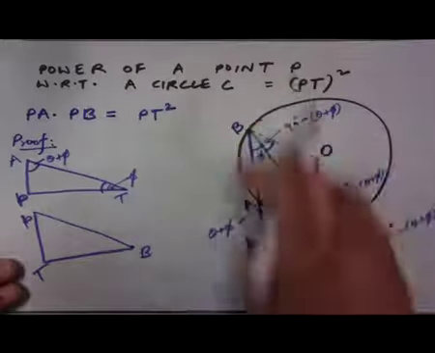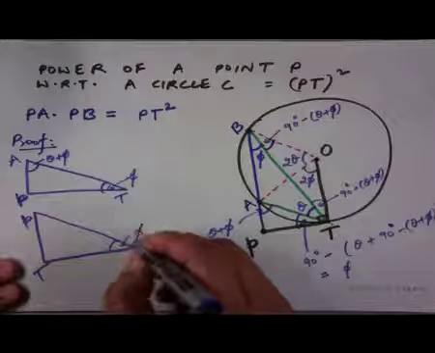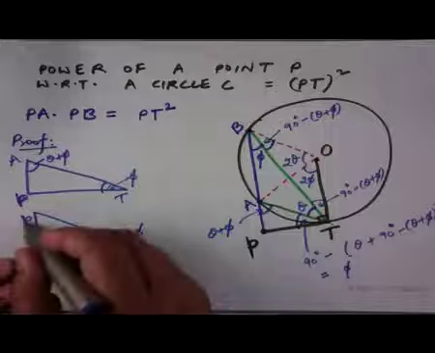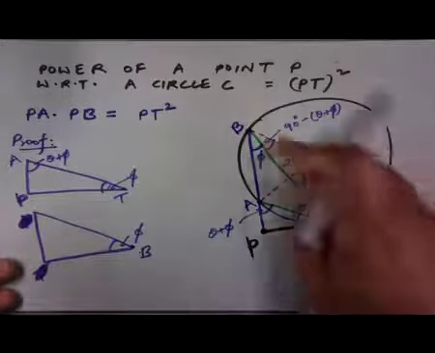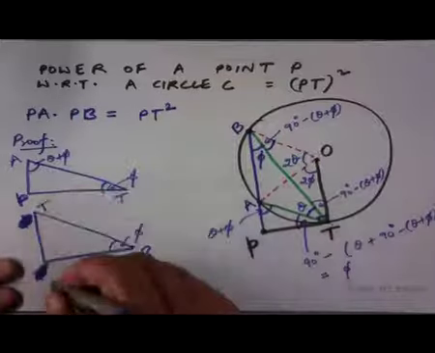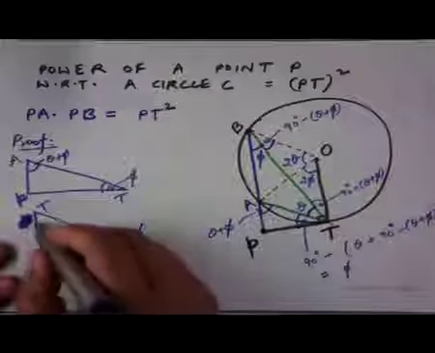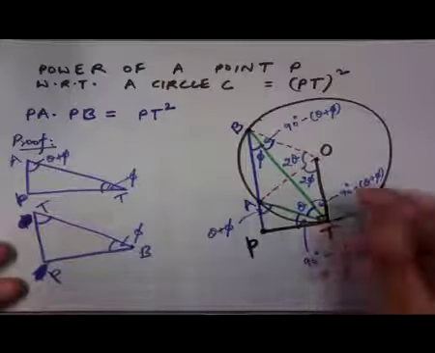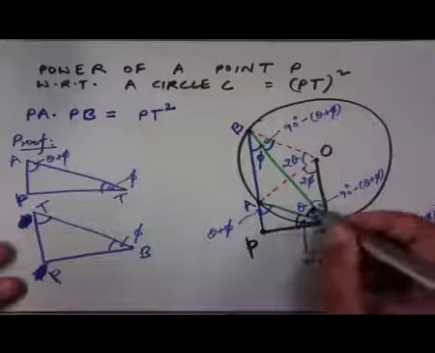BPT. So, the angle at B is also phi, sorry, let us consider the triangle BTP. The angle BTP is theta plus phi.